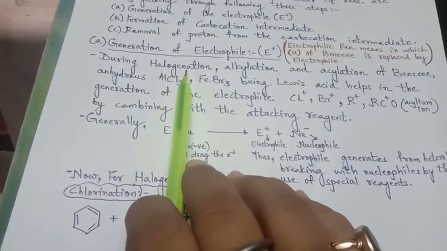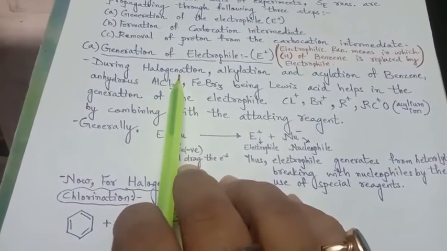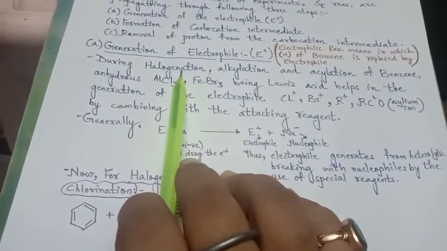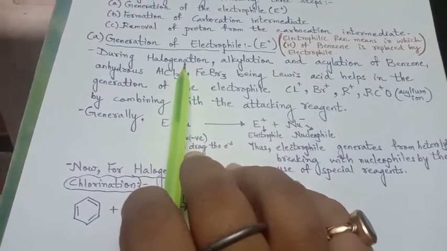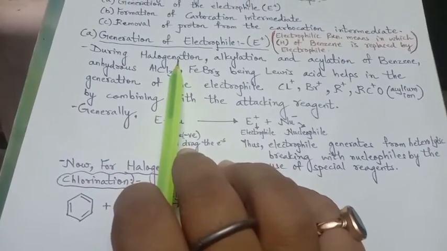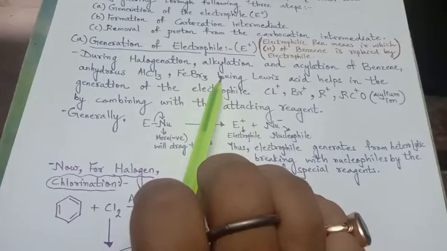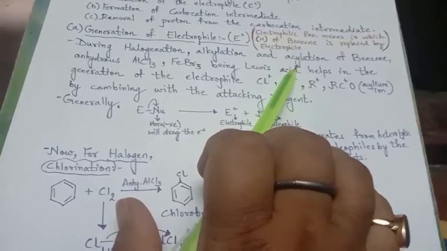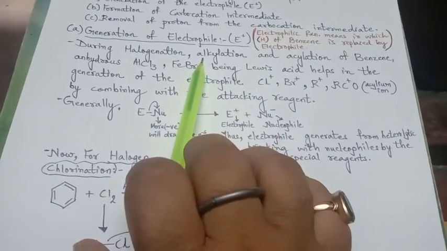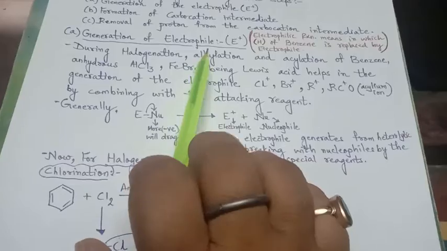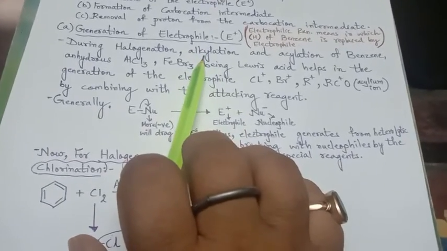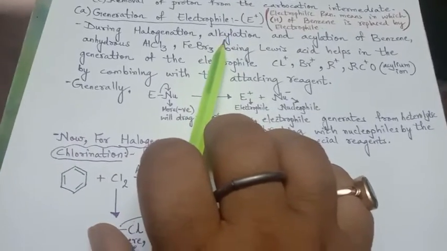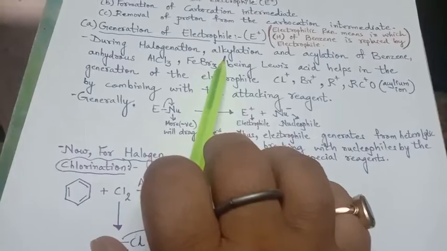During halogenation, when I say halogenation, it means addition of halogen takes place. So halogenation takes place in both ways, in addition reaction as well as in substitution reaction. Right? So during halogenation, alkylation where an alkyl group is added, and acylation where an acyl group is added. Alkyl is one hydrogen less than the alkane: if instead of CH4 it is CH3, methyl; C2H5, ethyl.